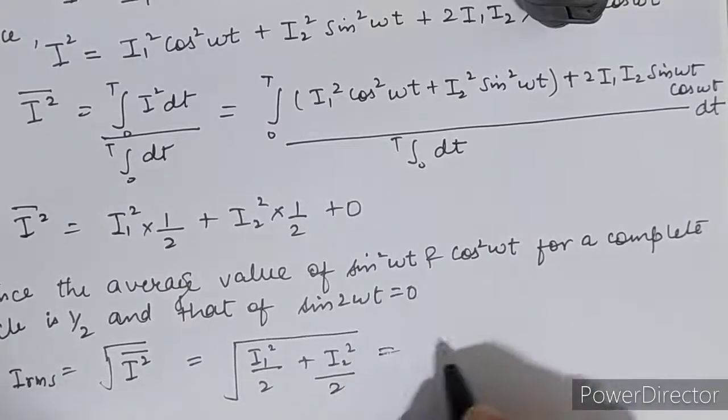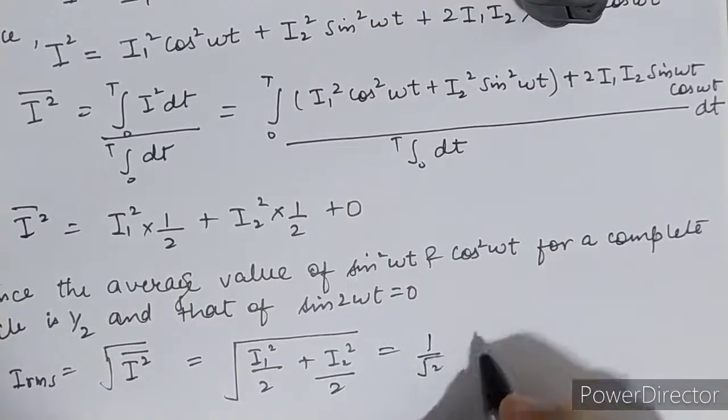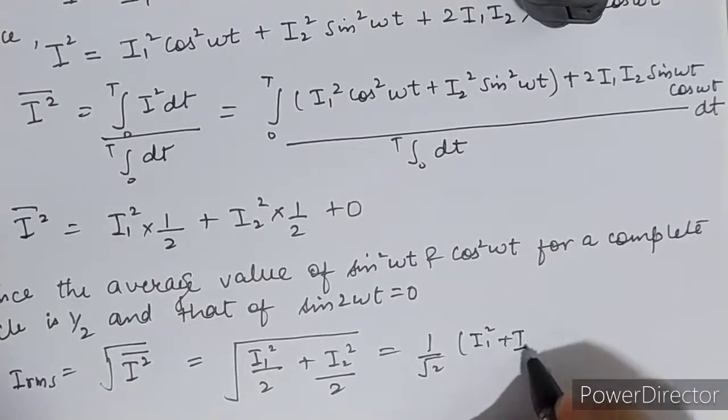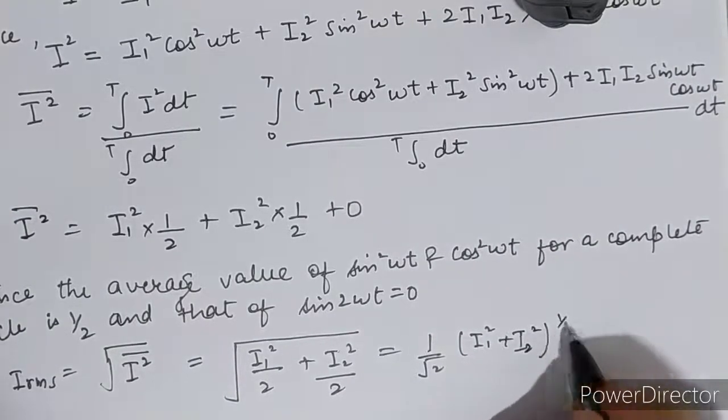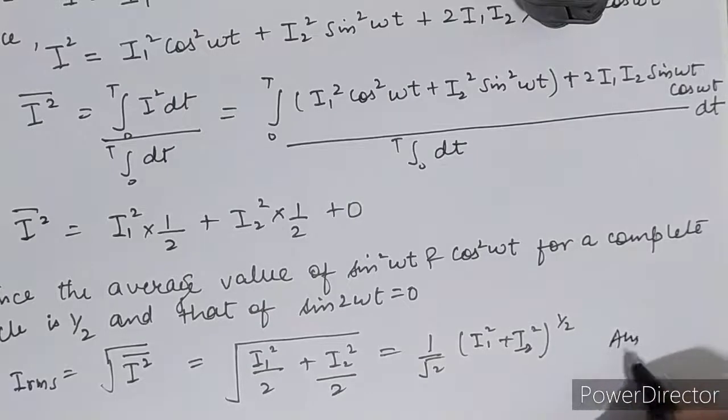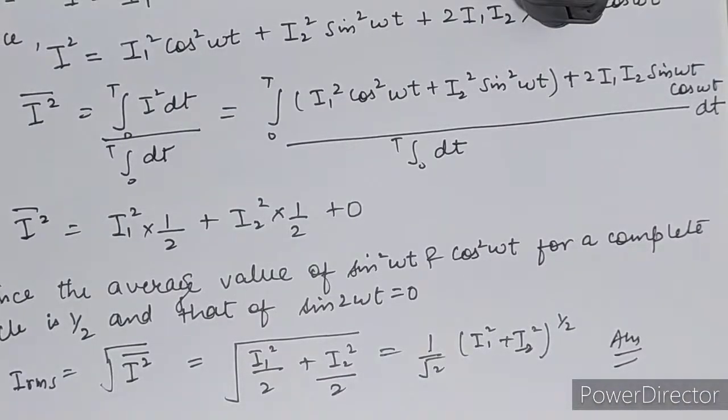So it will be 1 upon root 2 times (I1 square plus I2 square) to the power 1/2. This is your answer. Okay, clear? Such a type of question you have to do. This is one type of it. Now we are going to solve the next question.